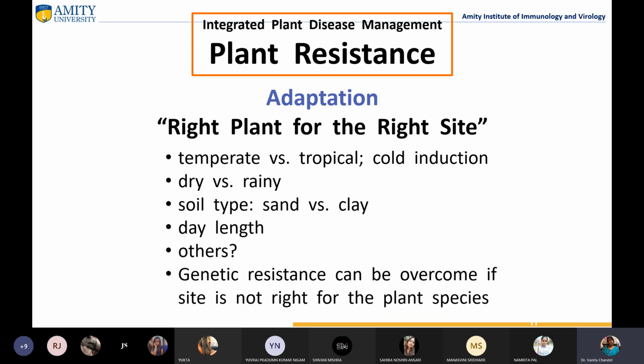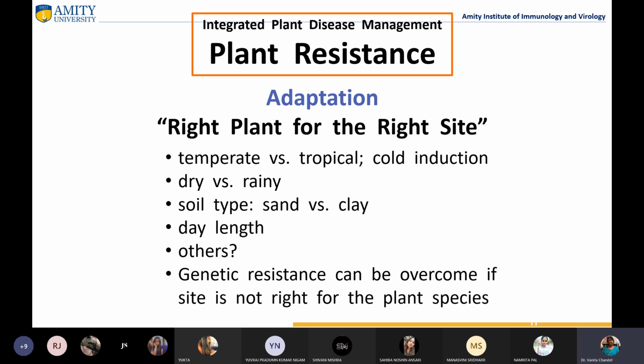Then adaptation, so the right plant for the right site. We all know that tropical plants cannot be grown in temperate areas and vice versa. Plants are adapted to different climatic conditions. Temperate plants require a certain kind of cold treatment, which they cannot get in tropical or warmer areas, so they cannot be grown there.